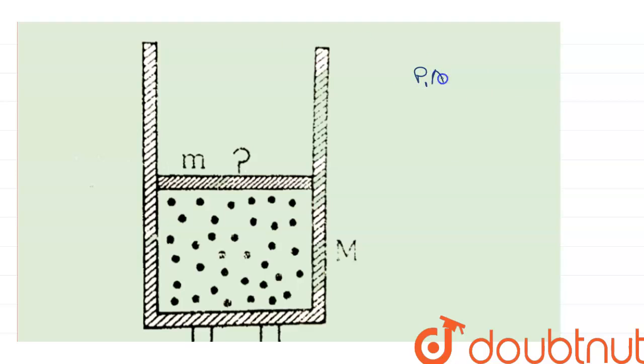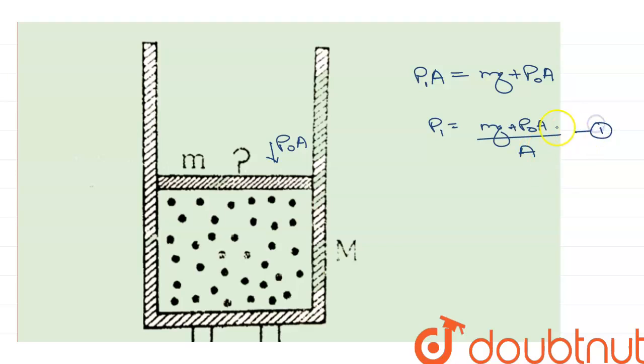So P1 times the area of the piston A should be equal to the force from upwards, which is the weight of this piston mg plus the atmospheric pressure P naught times A. So P1 is equal to (mg plus P naught A) by A. Let's mark it as equation number 1.